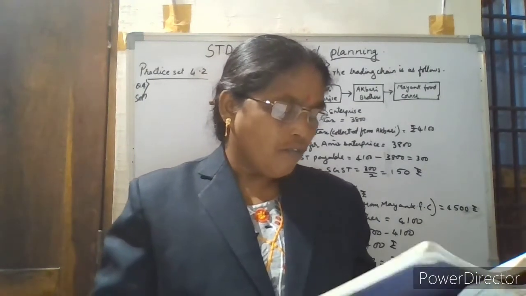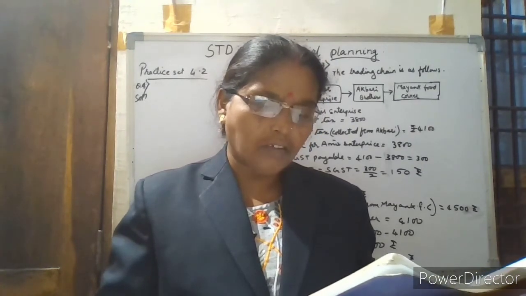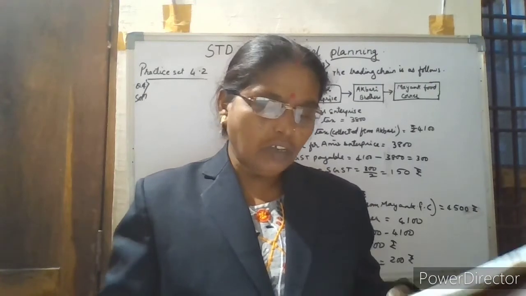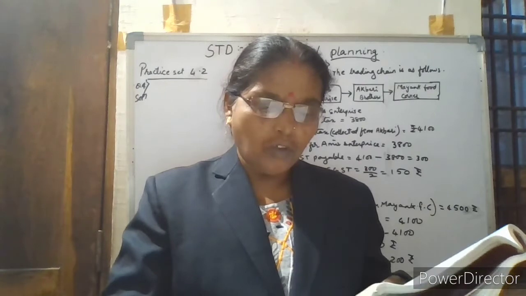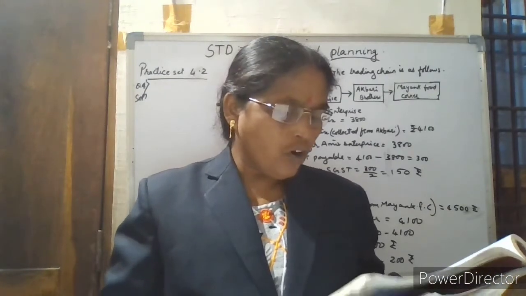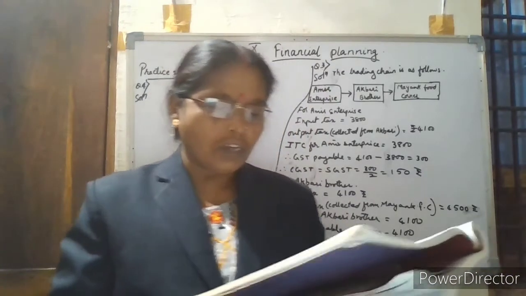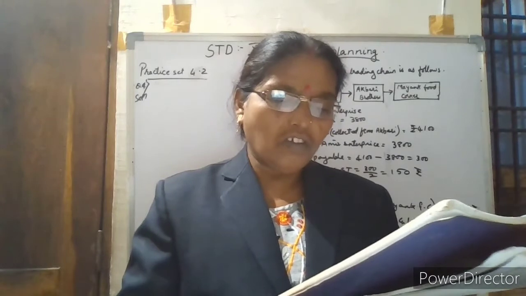Find the GST to be paid at the rate of 5% and hence the CGST and UTGST. UTGST means Union Territories GST, that is UTGST instead of SGST.